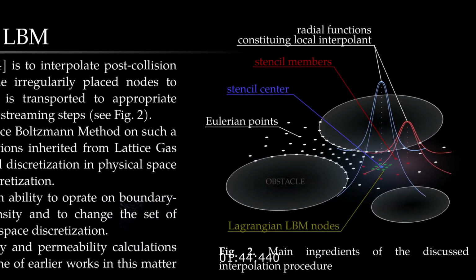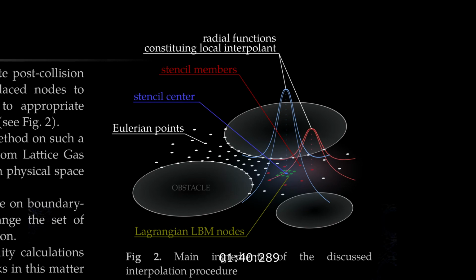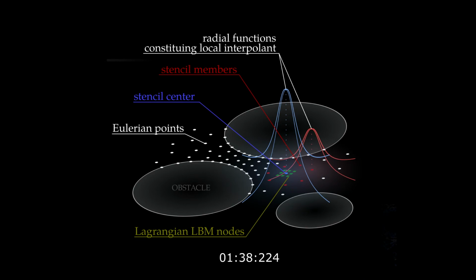Then, the collision step is performed in each of them in pretty much the same way as in usual LBM. However, at this point, the post-collision distribution function is interpolated with the previously discussed scheme from the Eulerian points to Lagrangian points, whose coordinates correspond to the distances traveled by particle populations in the subsequent streaming step.